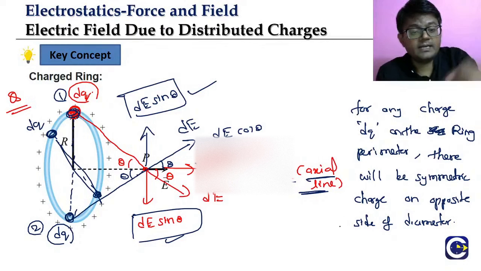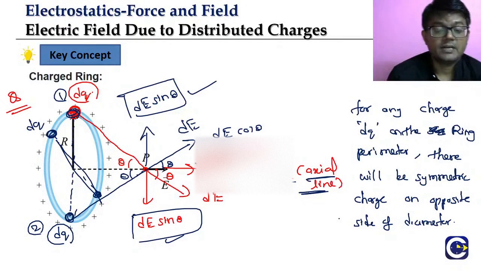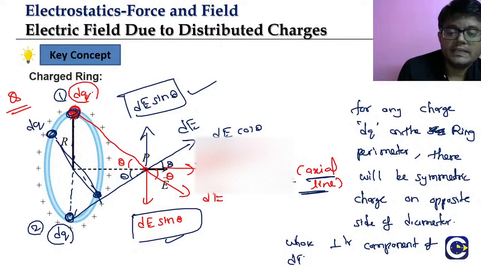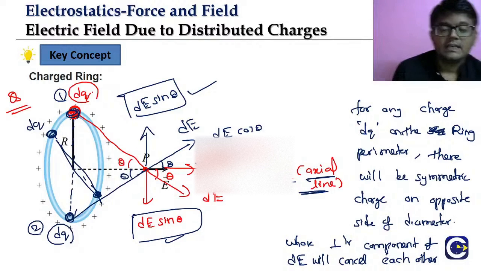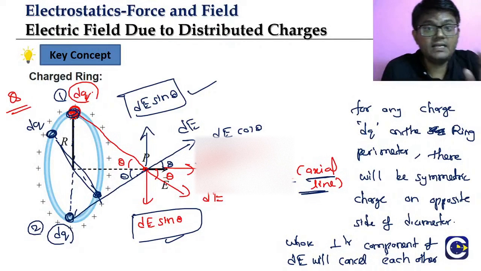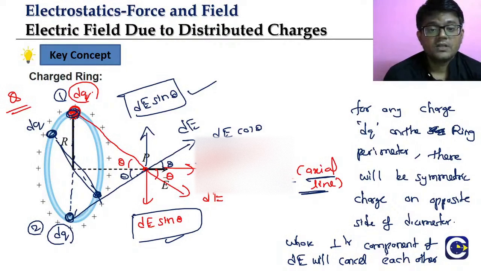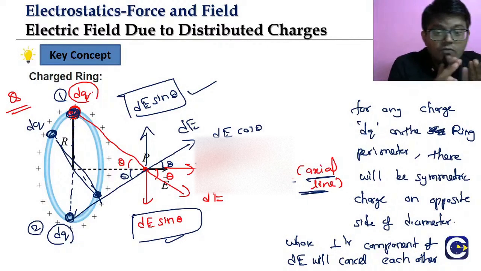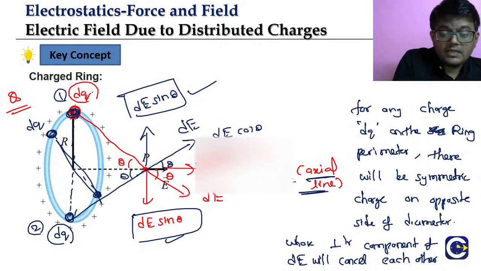If you take a diameter, on the opposite side of that diameter you will find another symmetric point, whose perpendicular component of dE will cancel each other. The dE sin theta from here and the dE sin theta from there, they will both cancel. So from a small piece, only the component along that axial line will be remaining.